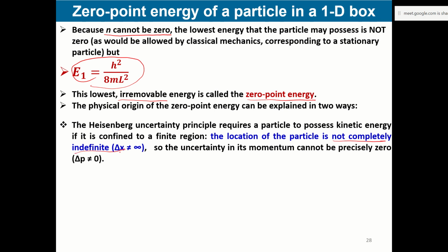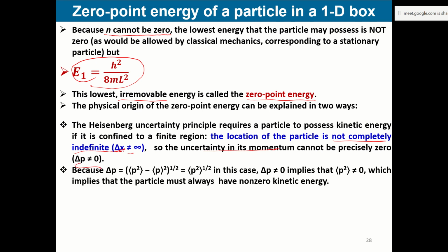That means the uncertainty associated with position is not infinite, and so the uncertainty in momentum cannot be zero. If momentum is not zero, it must possess some kinetic energy, so it will always have non-zero kinetic energy.